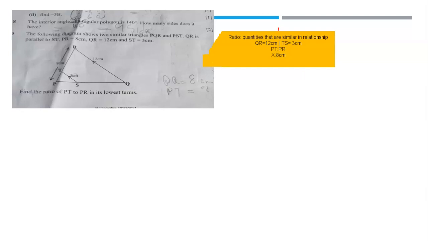First, to establish our task, we put a statement: in the diagram, if we draw a line QR of 12 centimeters, it will give us 3 centimeters in the small diagram.